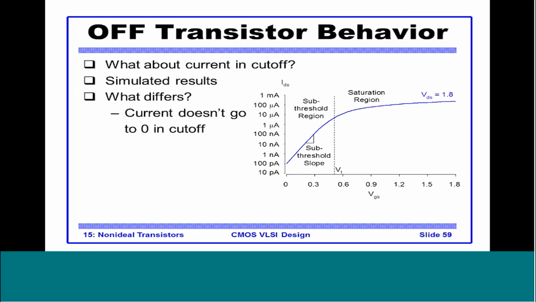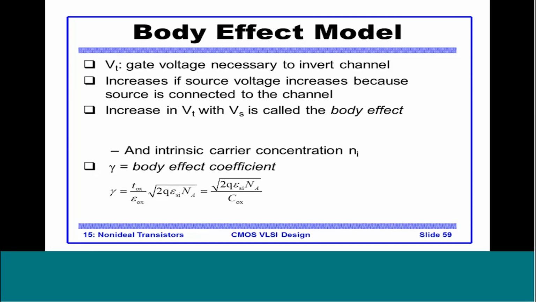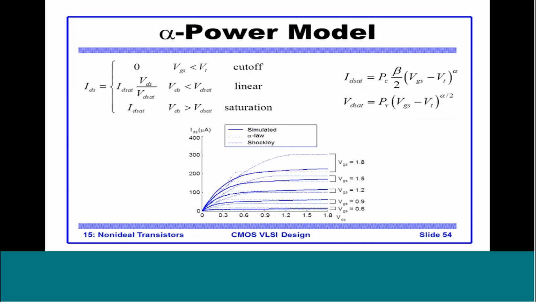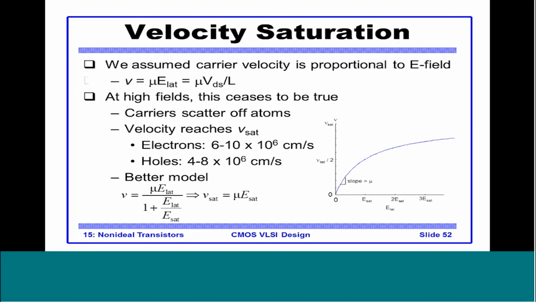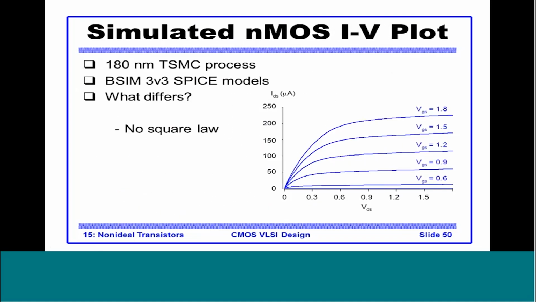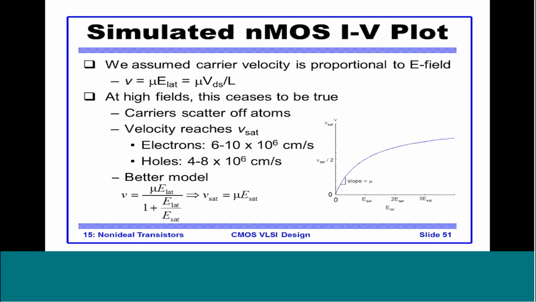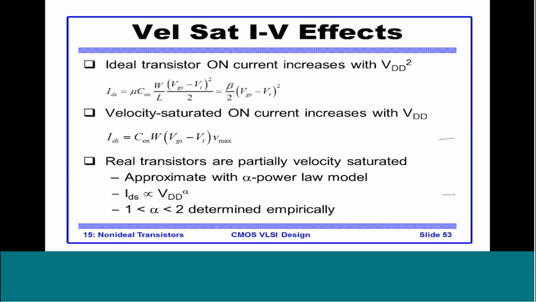So we saw 3 effects. We saw the body effect which changes VT. We saw the channel length modulation effect, which makes IDS increase. Let's recap a bit. So we saw 3 non-ideal effects. The first non-ideal effect was velocity saturation. The carrier velocity saturates.